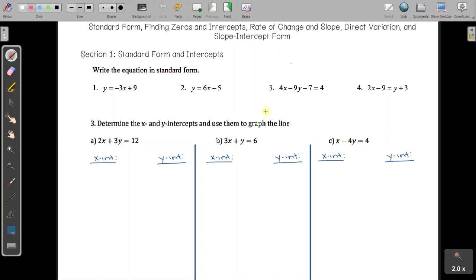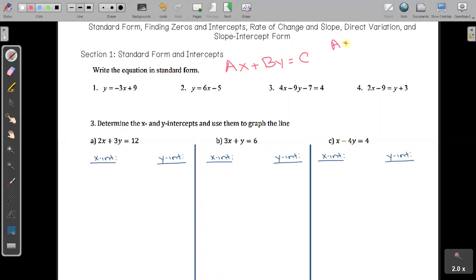Okay. So the first section is standard form and intercepts. We need to write these equations in standard form. So standard form is going to be ax plus by equals c. So a, b, and c are going to be your numbers, and then x and y need to be on the left-hand side. There are special things about this.